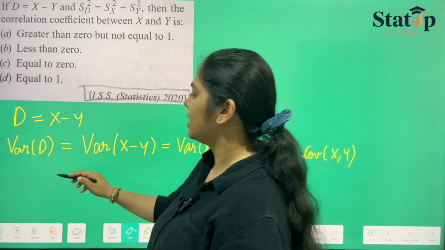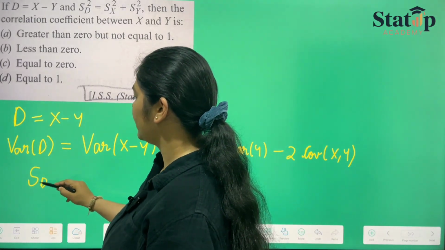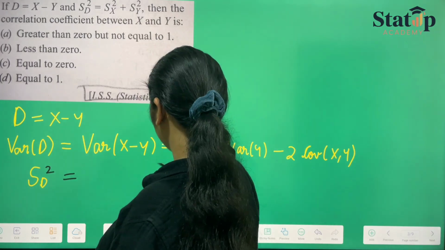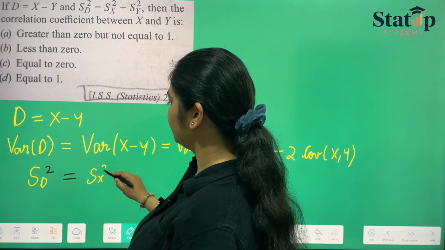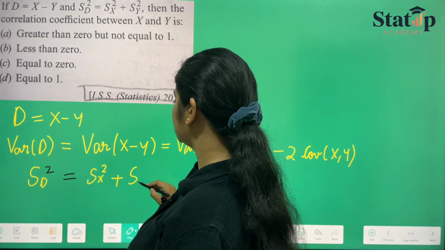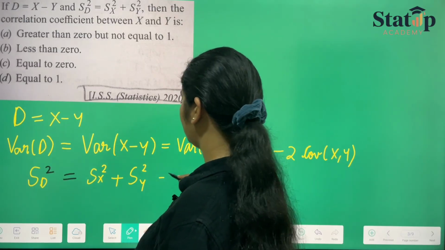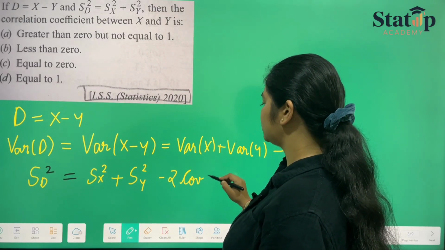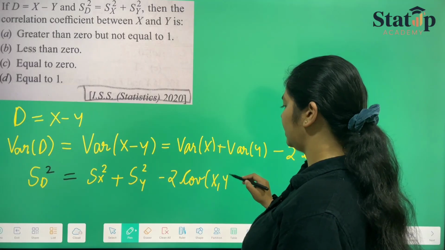So variance of D, they have denoted it as sigma D square, equal to sigma X square plus sigma Y square minus 2 into covariance of X and Y.